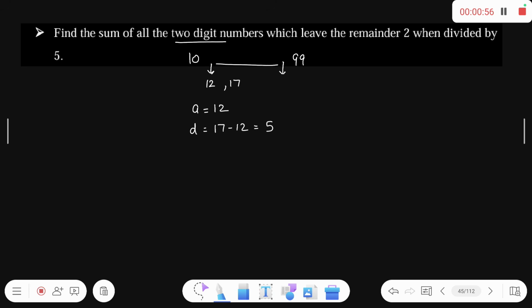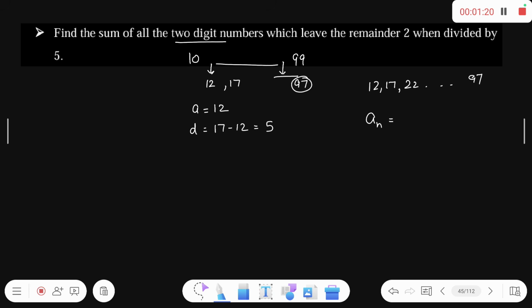अब आपको sum निकालना है, so first you have to find the last term also from behind. From behind 95 is divisible by 5 and adding 2 gives 97, which will be your last term. So your AP is 12, 17, 22 and so on till 97. First you have to find n.